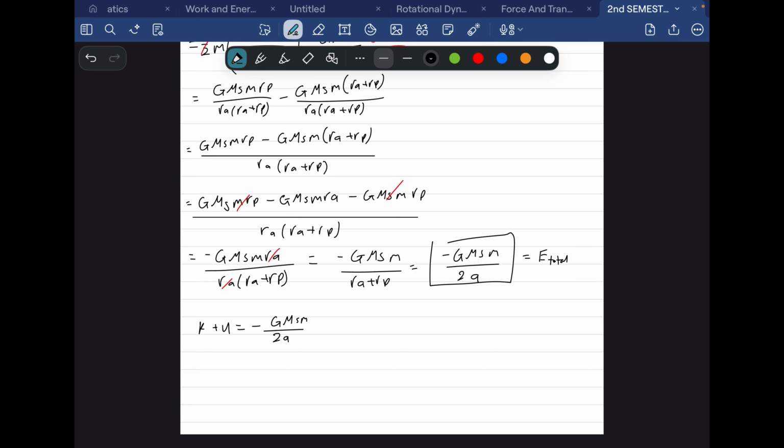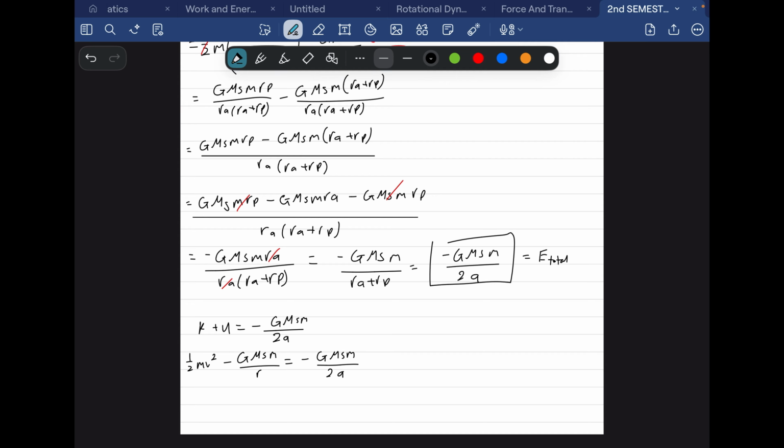And then we know that K is 1 over 2 m v squared plus or minus G mass of the sun, mass of the object over r, whatever the distance r is from one of the foci, is equal to this for an ellipse, right?